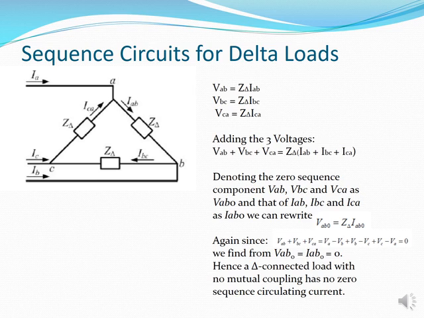From that, we can find that VAB0 and IAB0 are going to equate to 0. Hence, in our delta connected loads with no mutual coupling, we are not going to have a zero sequence circulating current. Why? Because there is no neutral point or star point in the system.